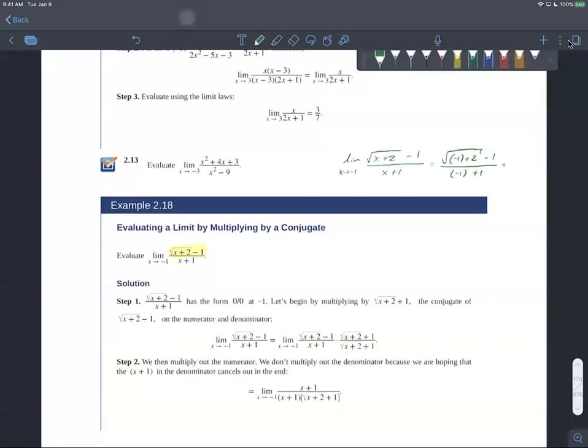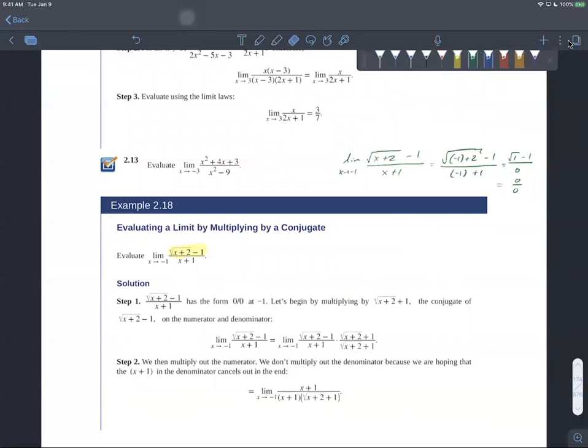So we see this is the square root of 1 minus 1 over -1 plus 1. We can immediately put 0. Notice this is 0 over 0. This is an indeterminate form. We can't say what value this has without simplifying first, using some sort of other method.